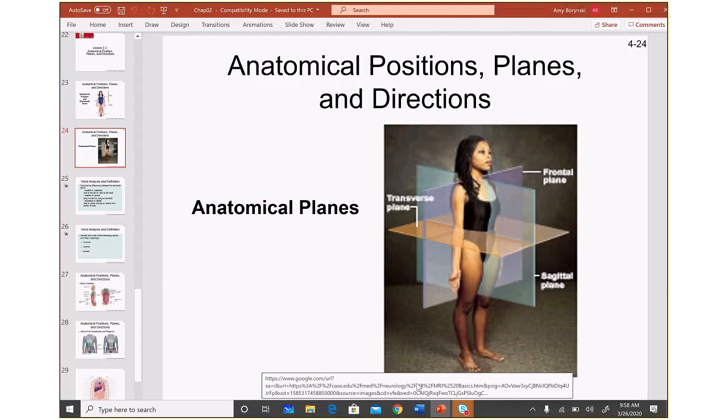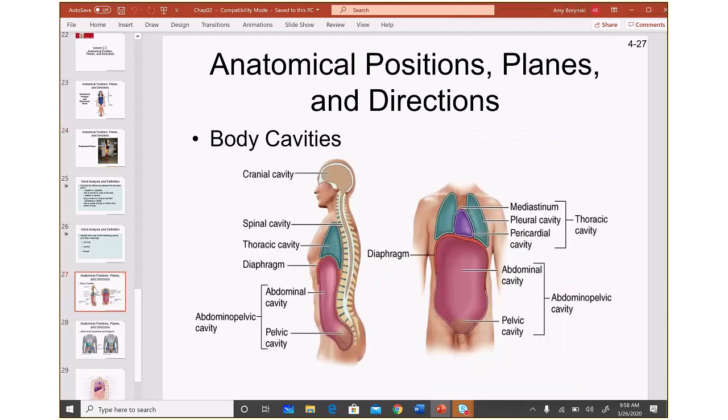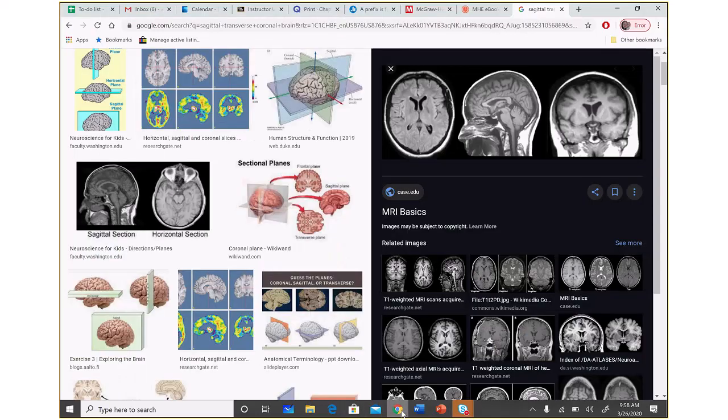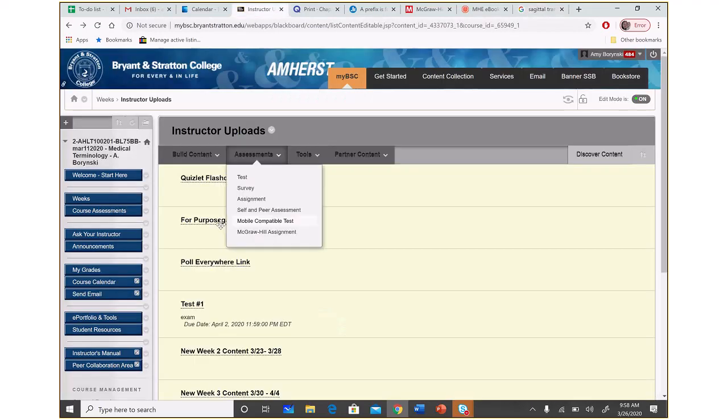Don't let this be your end-all be-all of things you have to know. I would say for this chapter, the two biggest things so far are the cavities and the quadrants. In fact, in the purpose games that I linked to you guys, those games are in there.